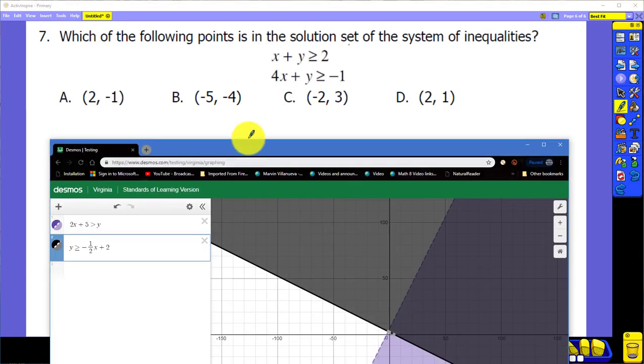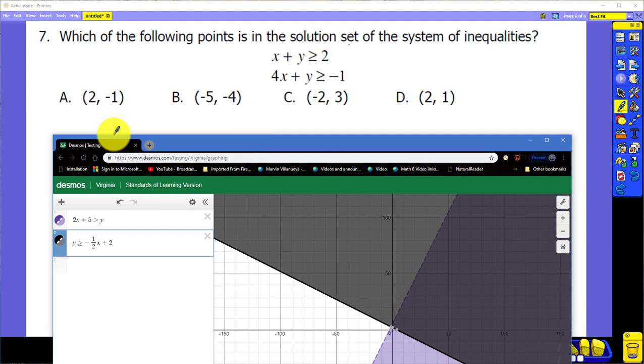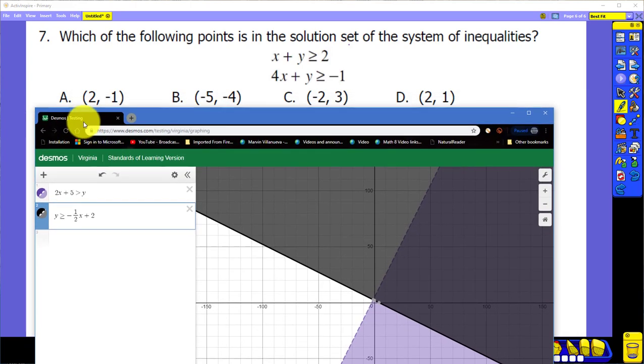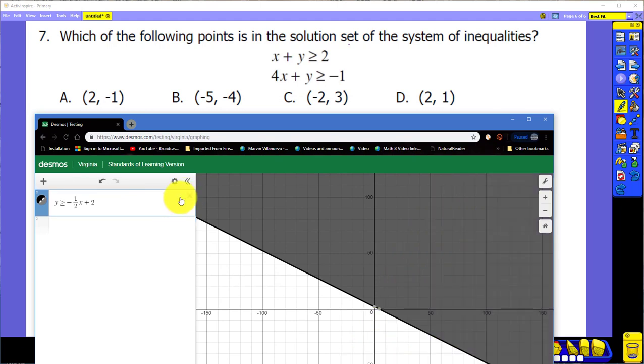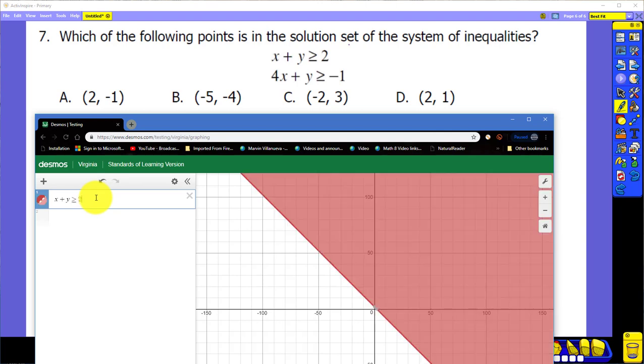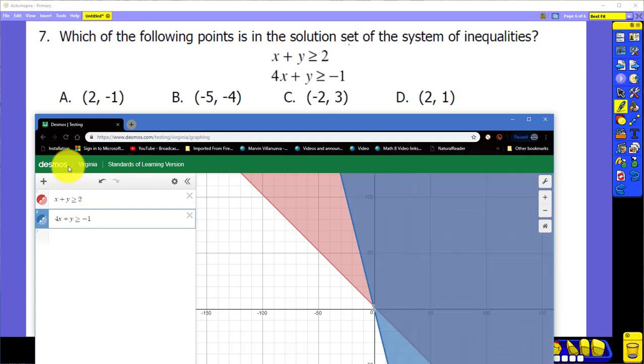Okay, so I will go ahead and graph my system. Alright, so I will have x plus y greater than or equal to 2, and then I will have 4x plus y greater than or equal to -1.